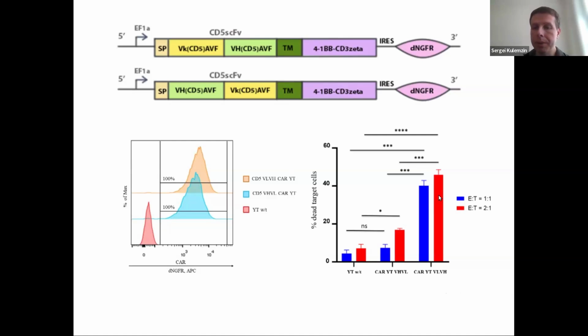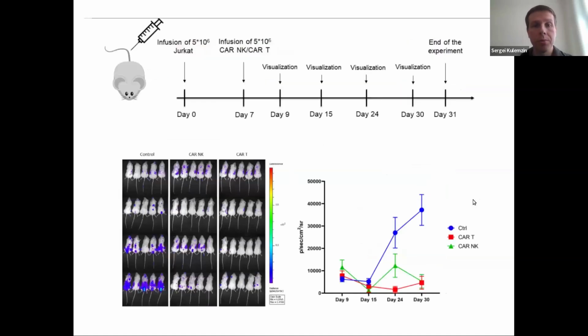We detected activity of one design of this chimeric antigen receptor, and then we moved to murine studies. We decided to compare CAR NK cells and CAR T cells efficacy in a side-by-side experiment, because there are not many papers comparing CAR T and CAR NK cells in similar settings.